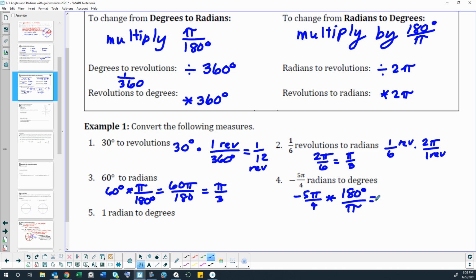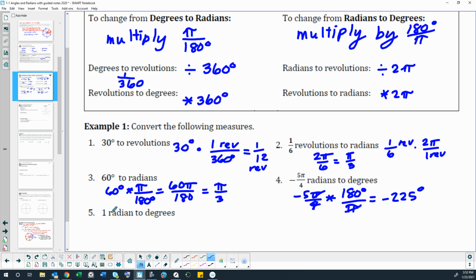Okay, so let's simplify this. We've got 4 goes into 180 like 45 times, and then 45 times 5, and keep the negative, and the pi's cancel out. So I believe that gives us negative 225 degrees. Use a calculator if you need to.